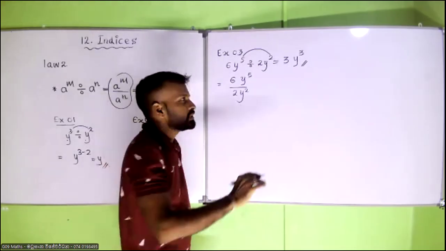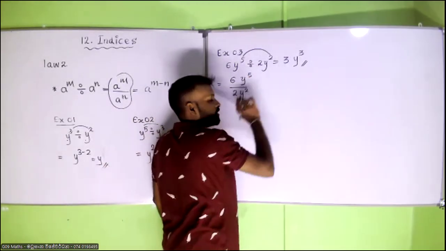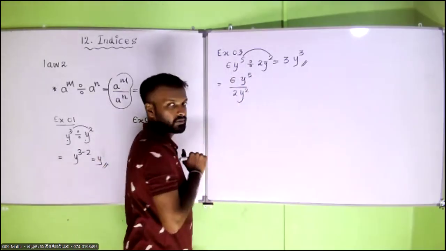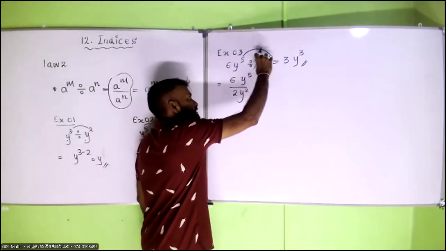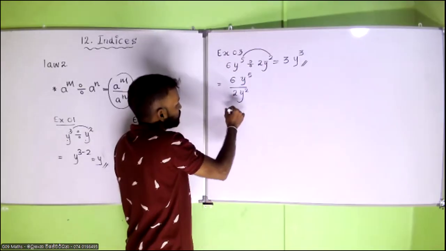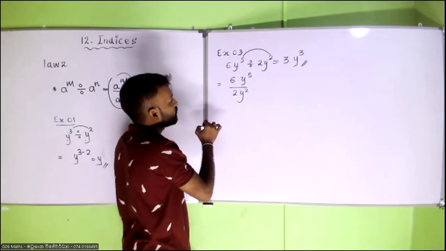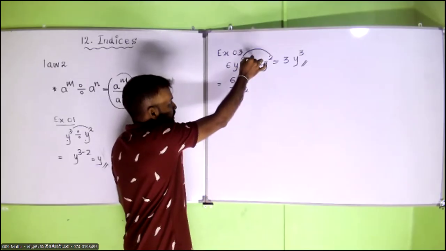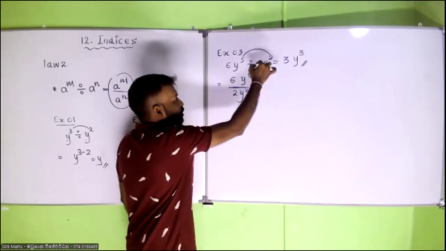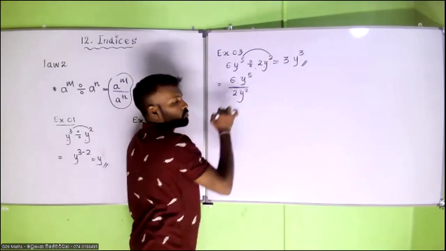If you are making a pattern, you should follow this way. You can write the same thing like this: 6 y to the power 5 divided by 2 times y to the power 2.